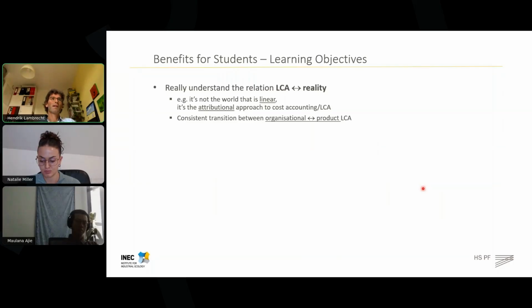So as we have seen, it's not the world that is linear, but it's the attributional approach to LCA which makes it linear. And you can understand this from this distinction between the two levels. And it offers also the possibility to have a consistent transition between an organizational view, where I'm, for example, modeling a whole production system, and the product view that we know from ISO LCA.